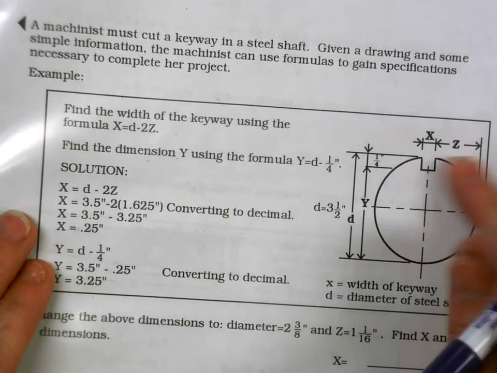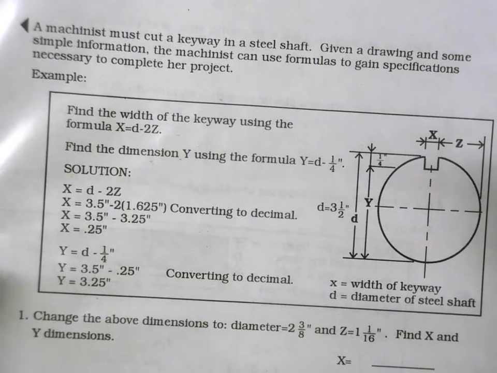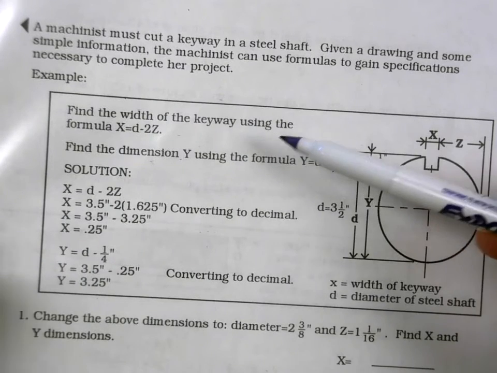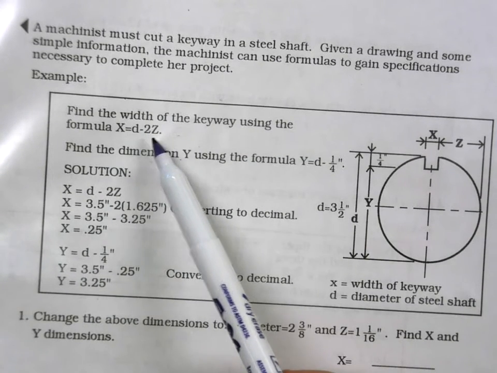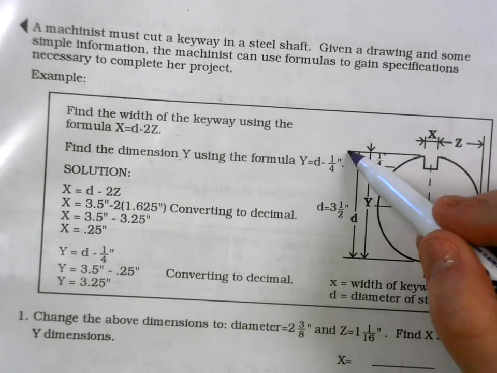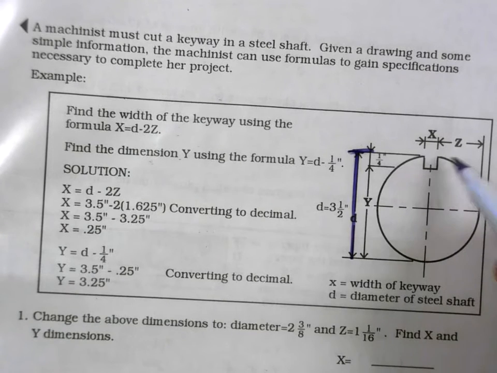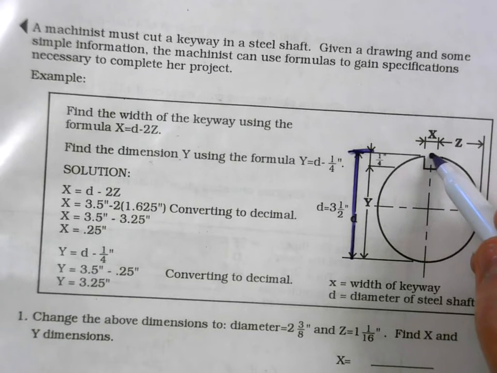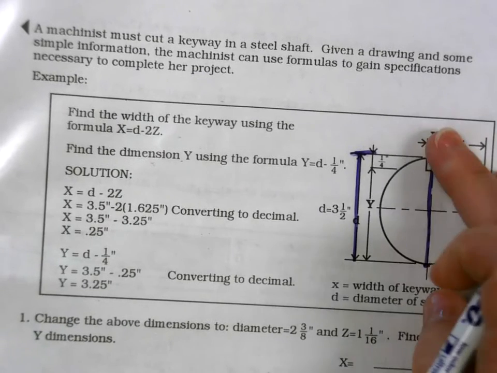In order to make them all the same, we've got to know all the dimensions of things. So find the width of the keyway using the formula x equals d minus 2z. D is all the way from top to bottom, so that's the diameter of the circle if there was no cutout right there.